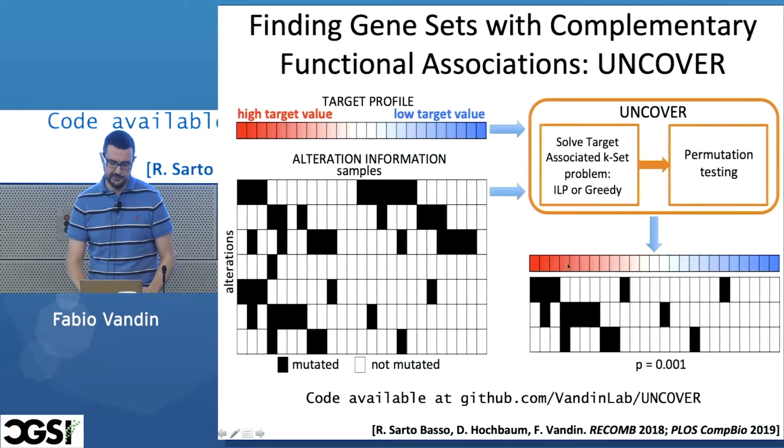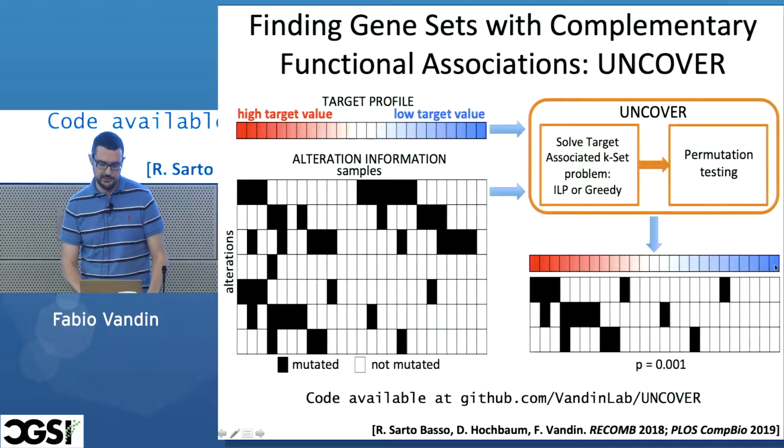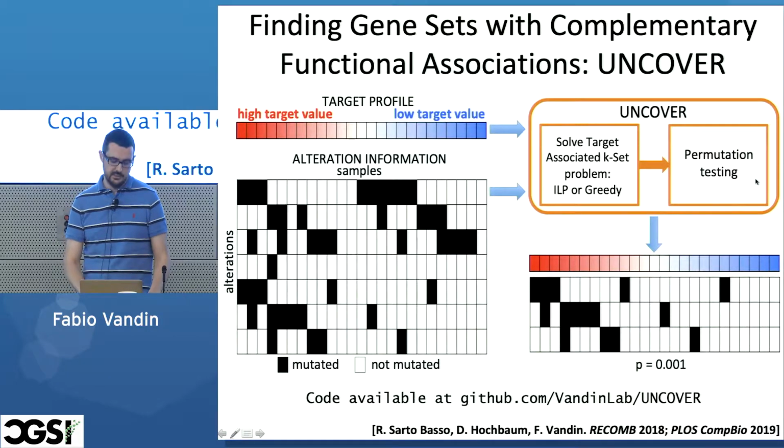It could be either high values of the target profile or low values of the target profile. We also perform a permutation test, in which we keep the alteration data fixed and we permute the target profiles. And in this way, we can obtain a p-value that tells us how much of what we observe is actually due to the structure of the alterations compared to the association with the target.